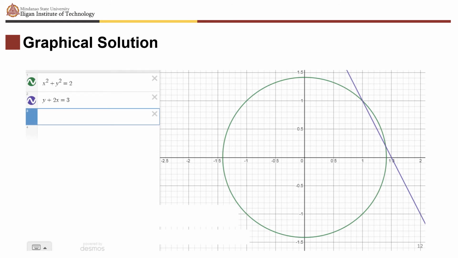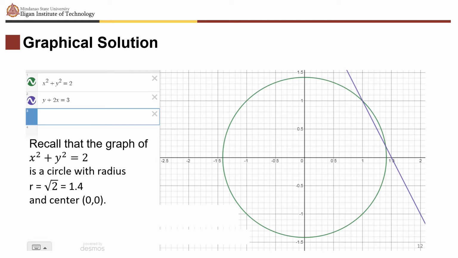So here's the sketch. Notice that this equation, x squared plus y squared equals 2, is actually a circle, and the other equation is y plus 2x equals 3.